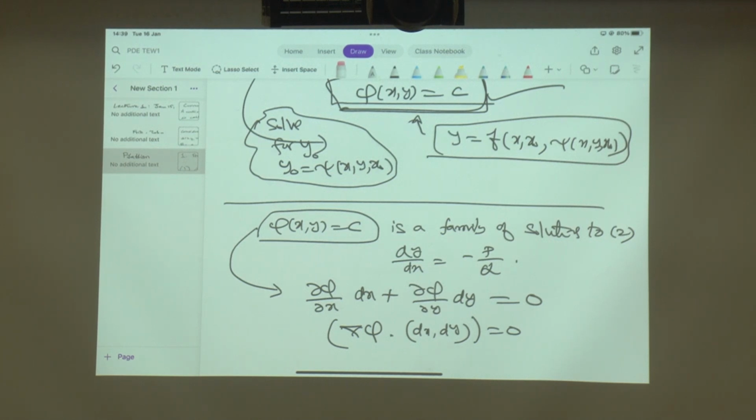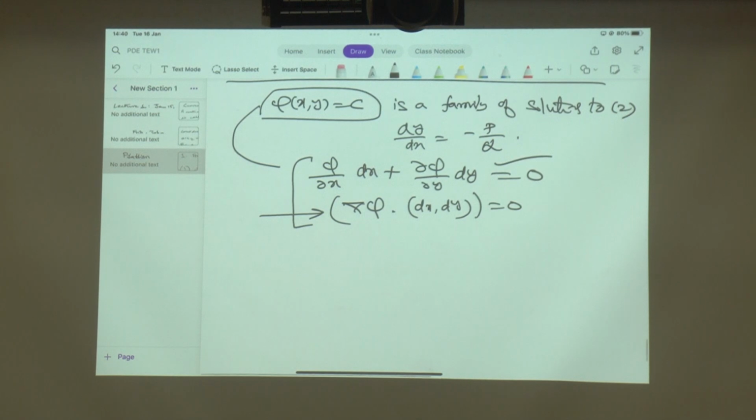Dou phi by dou x, dx by dt will come. Dou phi by dou y, dy by dt will come. Now you forget dt. So you have to understand what we are writing here. As long as you have no problem in following this, it's okay. If you have a problem, you have to think of what could that be.